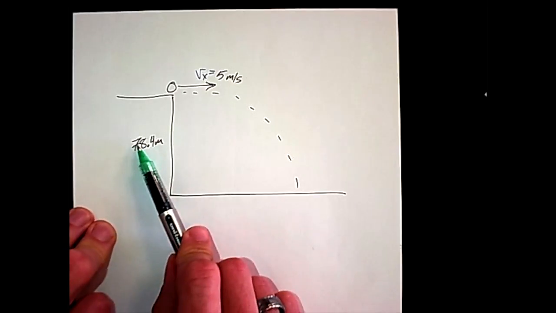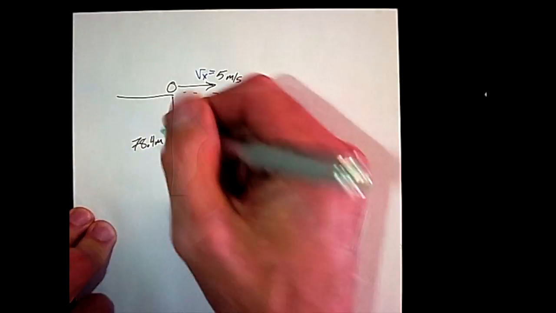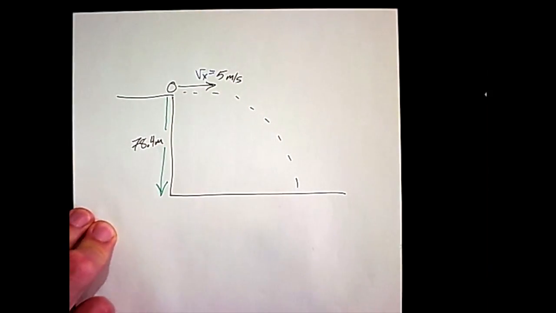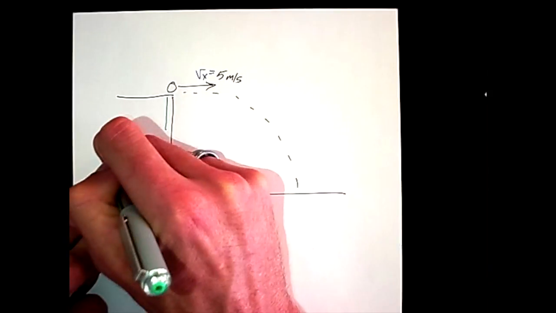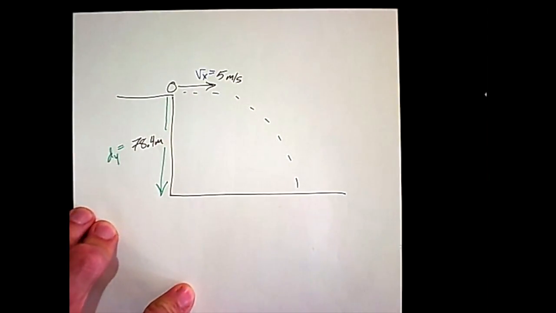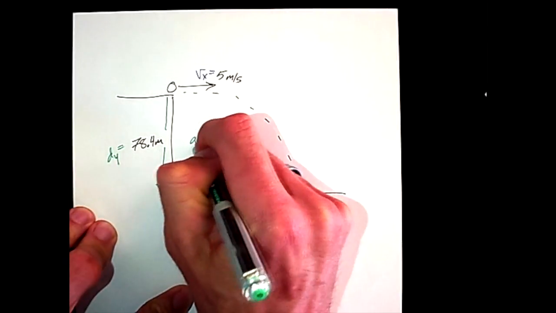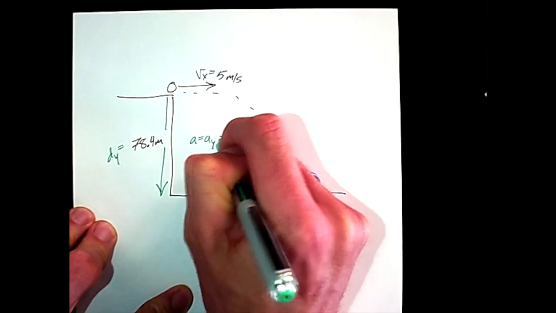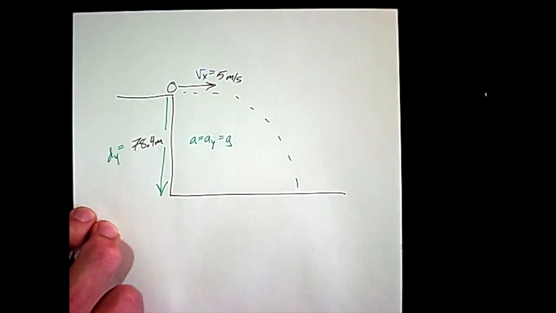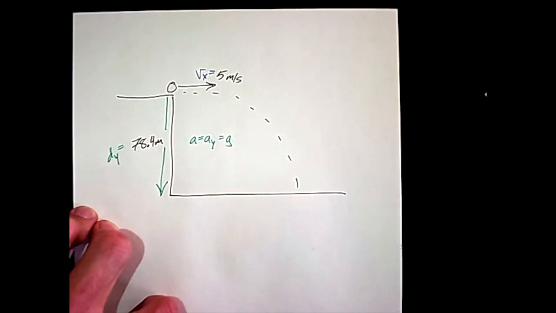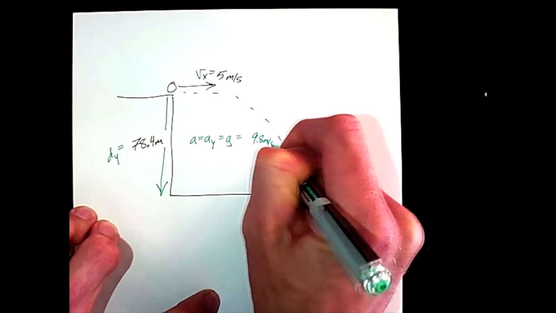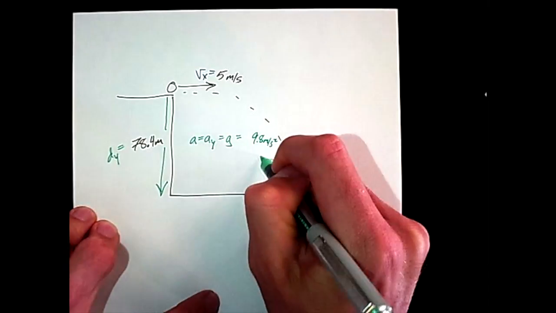This is vertical, right? The rock is going to go down, drawing an arrow in that direction, 78.4, which makes this dy. I also know that a is ay, which I'm now calling g, because the only acceleration experienced by a projectile while it's in the air is gravity, 9.8 meters per second squared down.